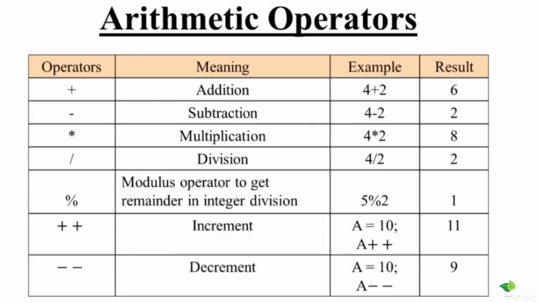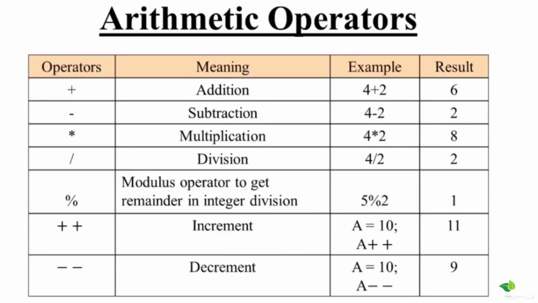In arithmetic operators, you can see plus, minus, multiplication, that is the asterisk, forward slash for division, and the percentage symbol for the modulus. That means you can add two numbers, subtract, multiply, or divide two numbers. For example, 5 divided by 2: in the quotient it will be 2, and in the remainder it will be 1.